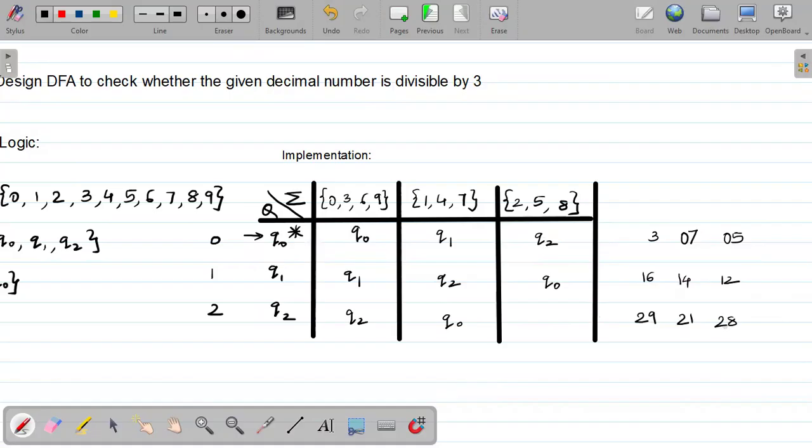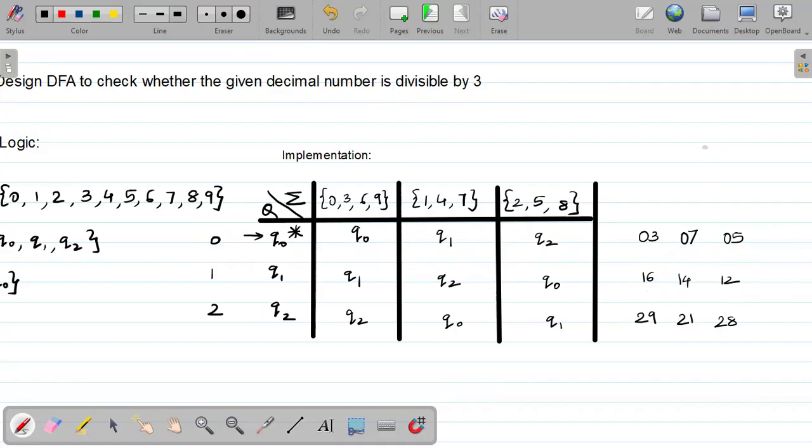We choose 8. 28 when we divide by 3, remainder is 1. We go to state Q1. So what is happening is we have certain values as the remainder, and then we are adding digits to it, and based on the value we divide that particular number and find the remainder, and once we get the remainder, based on that we choose the state.